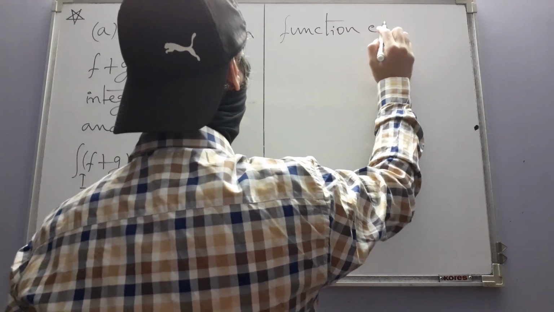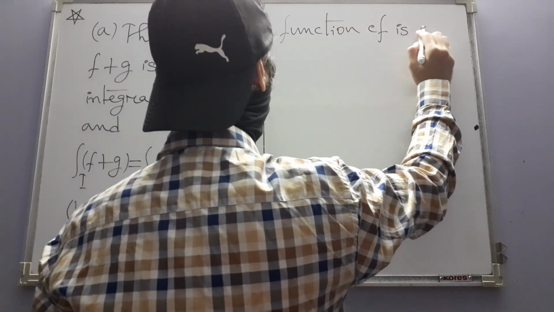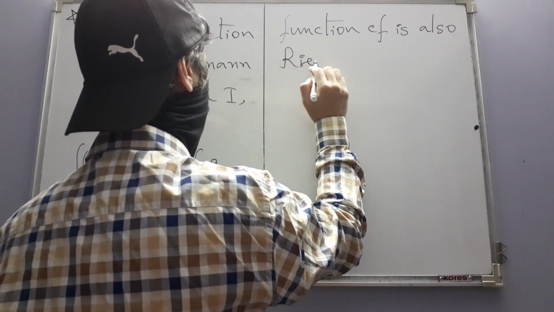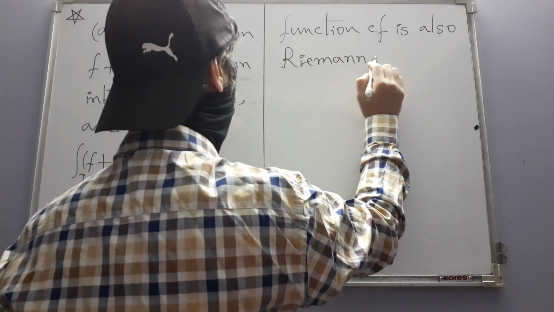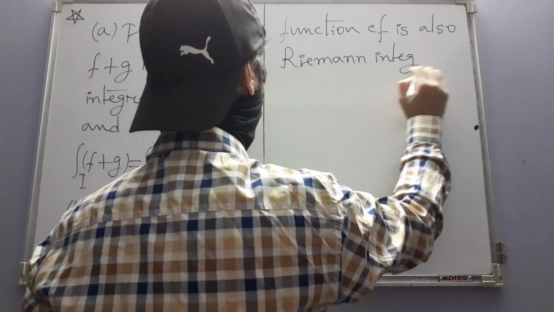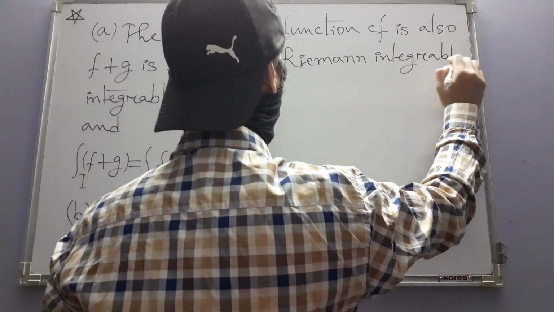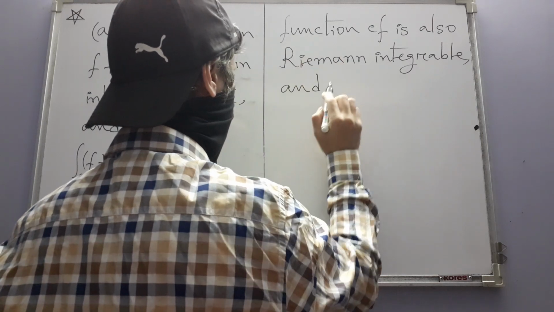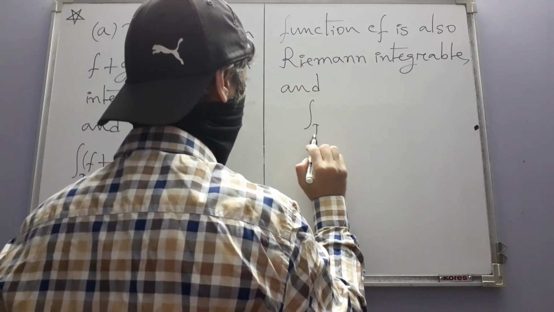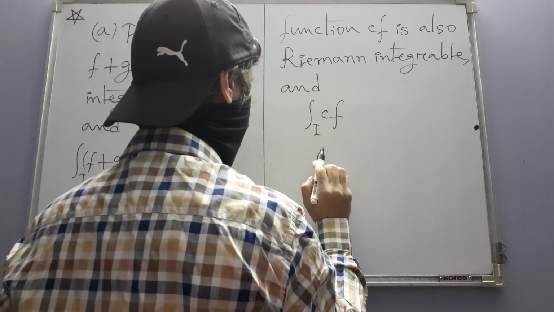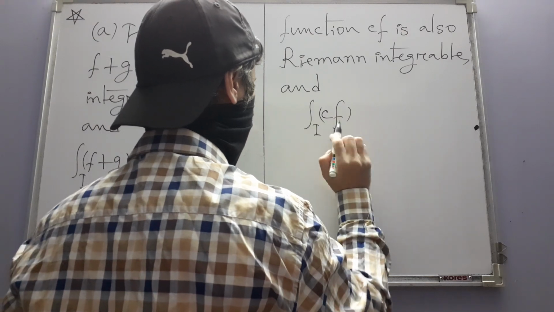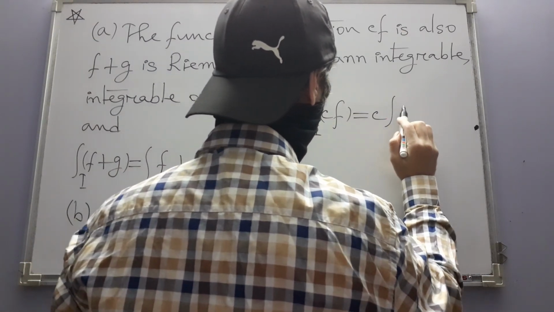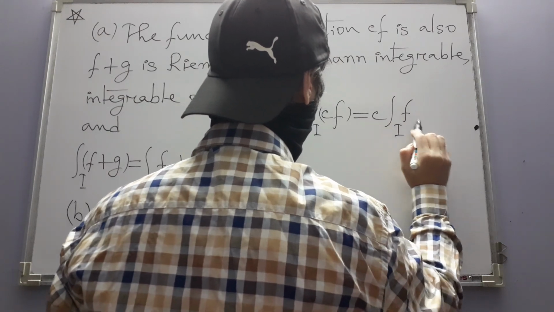The function Cf is also Riemann integrable, and the integral of Cf over I is equal to C times the integral of f over I.